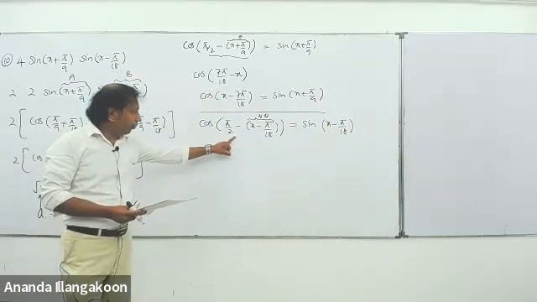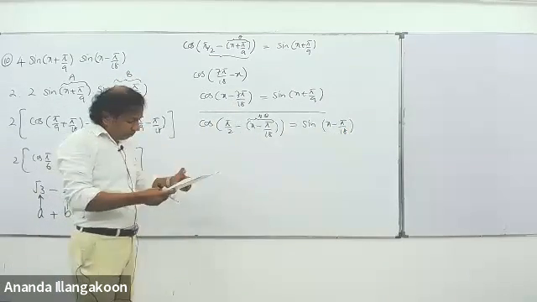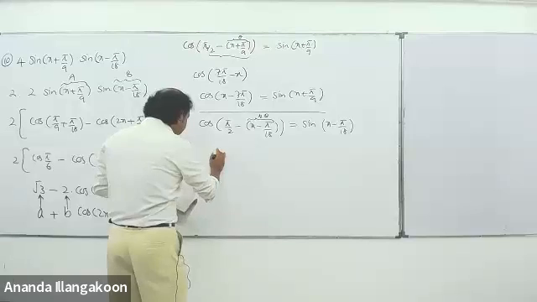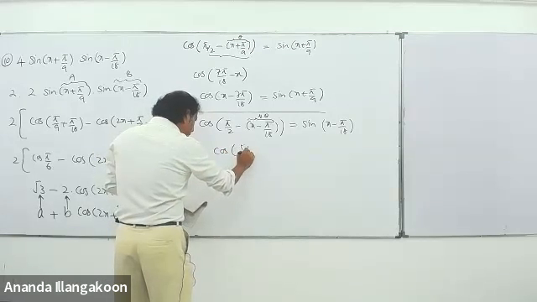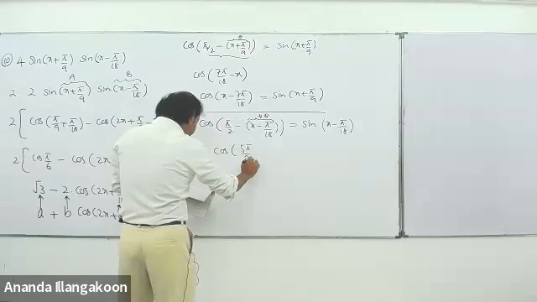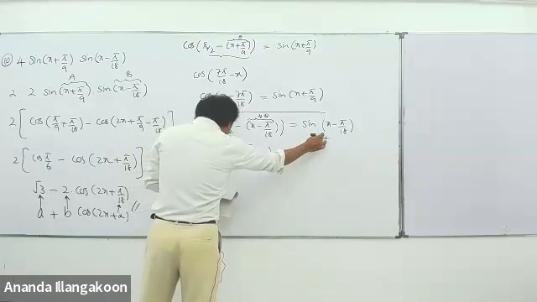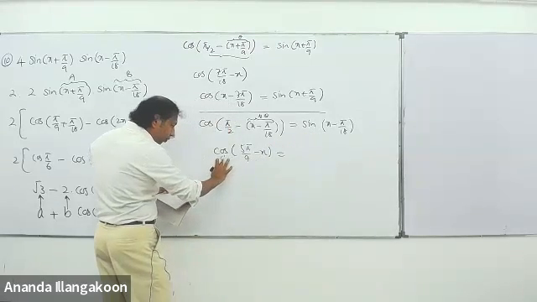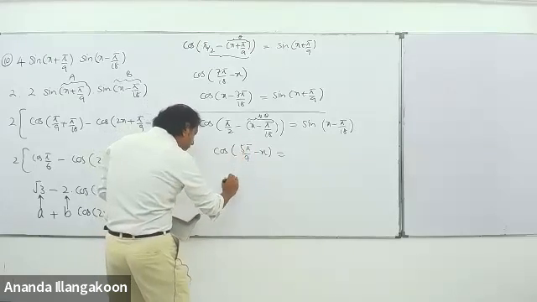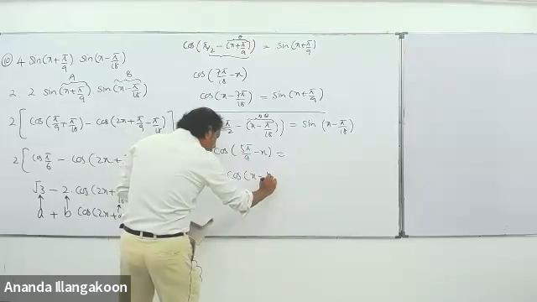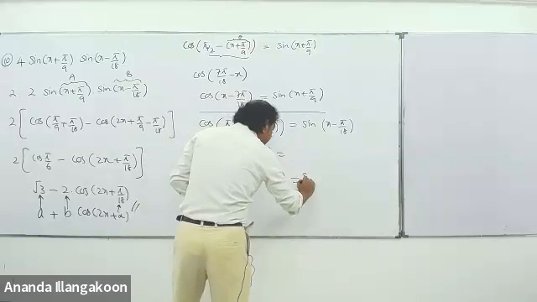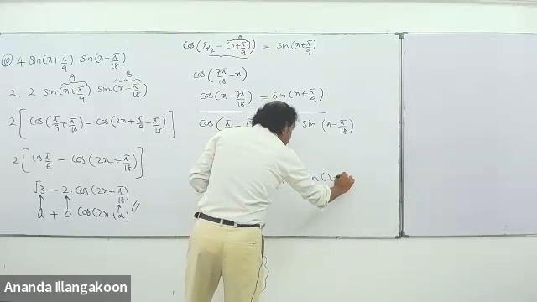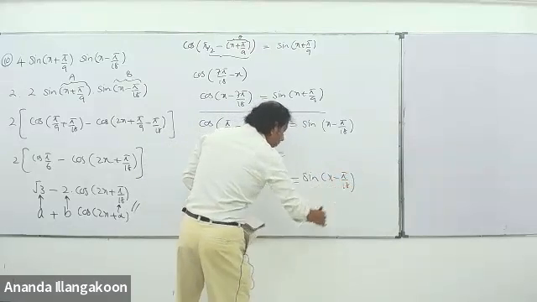Now simplify this also. When you simplify this, we get cos(5π/9 − x). Here also we have cos before this angle. Then we get cos(x − 5π/9) is equal to sin(x − 5π/18).